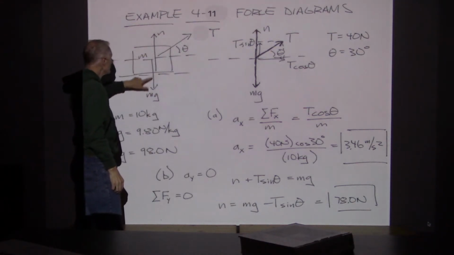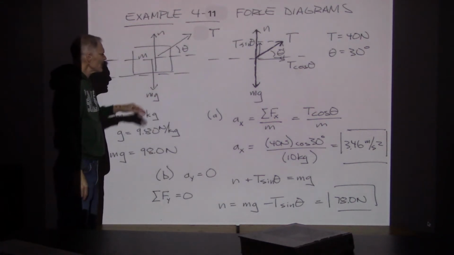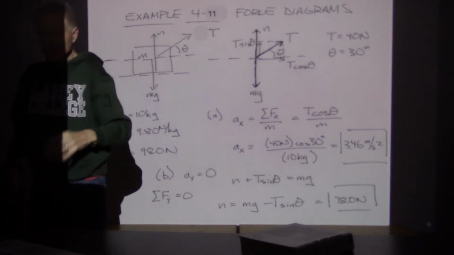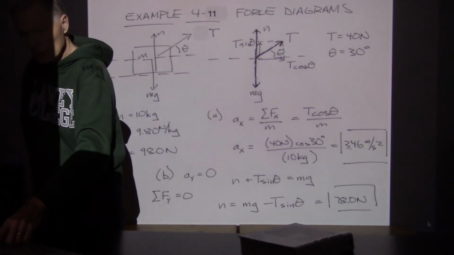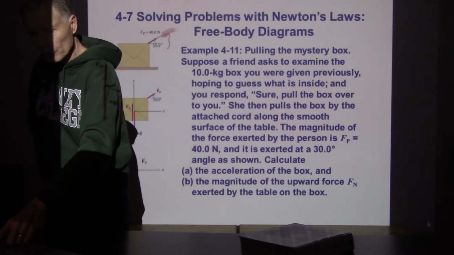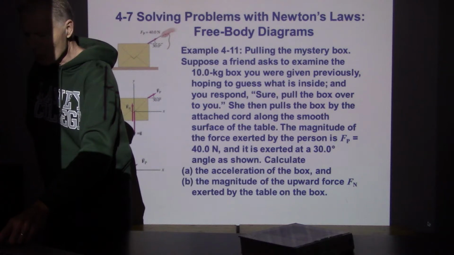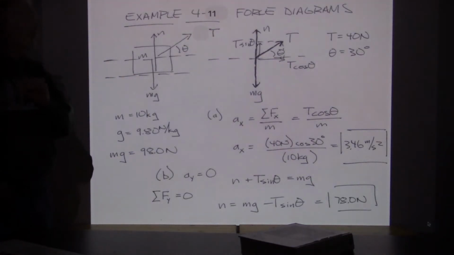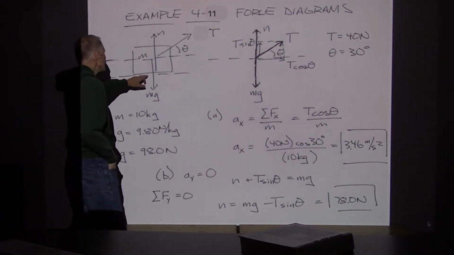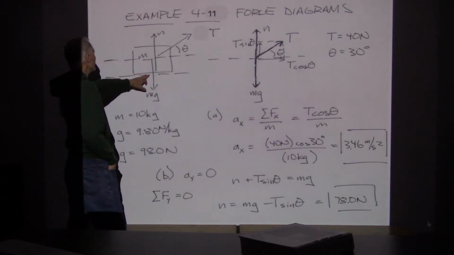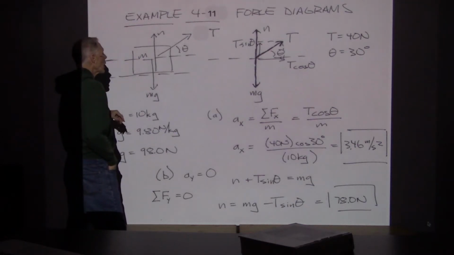There's a normal force and there's a gravitational force, and the surface, did they say it's frictionless? I'm sure it's frictionless. We don't really take a close look at friction until chapter 5. So for now, it says it's a smooth surface of a table. They're claiming, probably unreliably, that there's no friction here, so we'll go along with that.